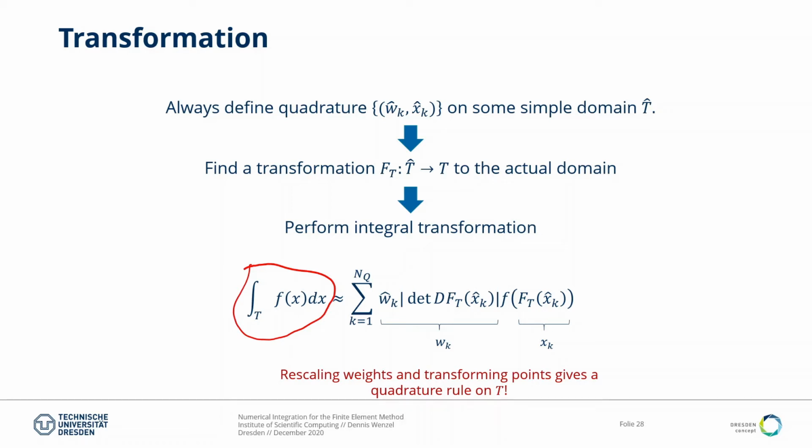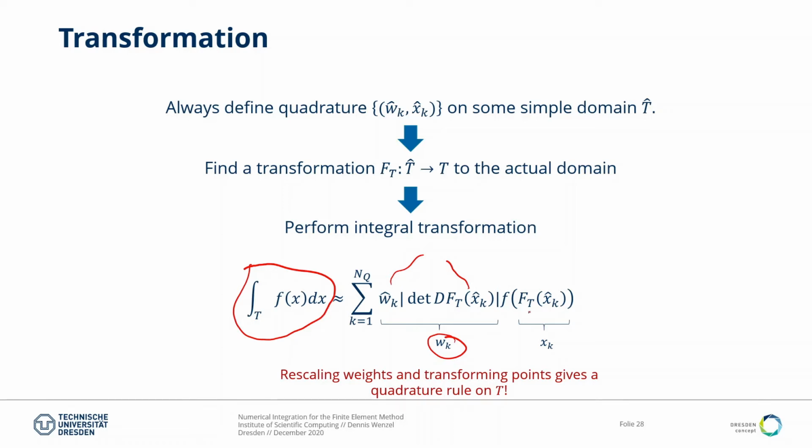And if you look at this in detail, you see that it comes down to the same shape that we always required from a quadrature rule. So you again have certain factors here. Those w_k are formed by those weights that you have on the reference, and this determinant as an area scaling.